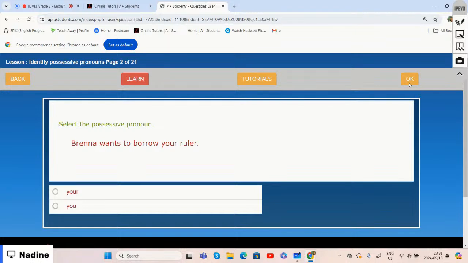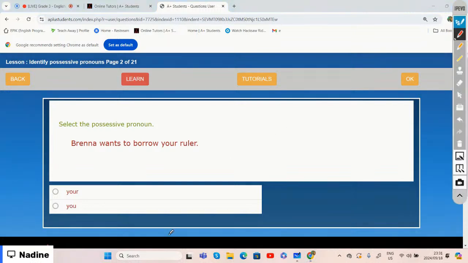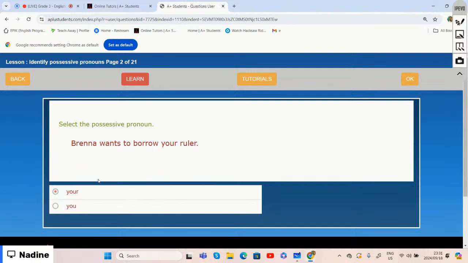Is it your or is it you? If we choose our correct possessive pronoun, it says Brenna wants to borrow your ruler. So it is your, which is our possessive pronoun.